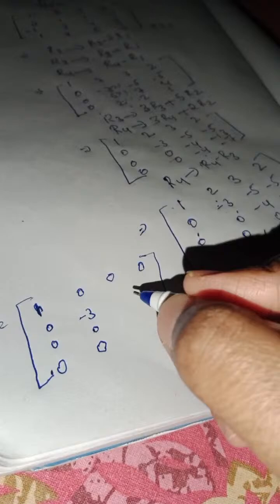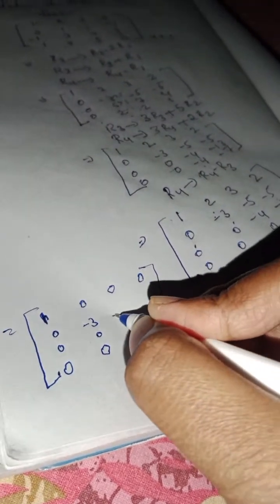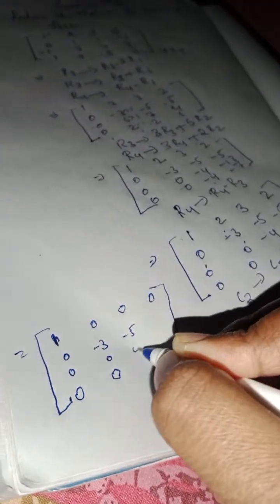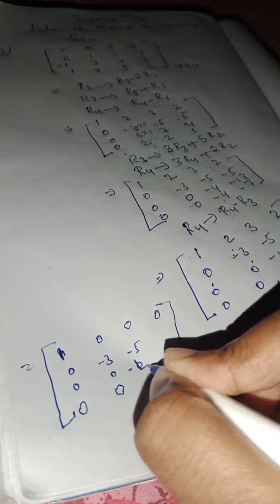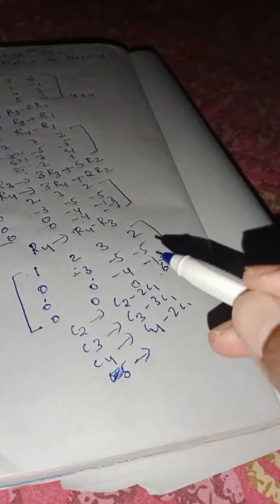So minus 5, minus 3 into 0, 0. Here we'll be getting minus 5, 0, and no, not 0, minus 4 and 0. Now what we are going to get?